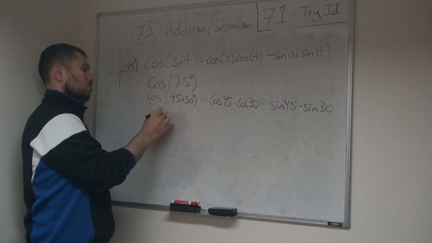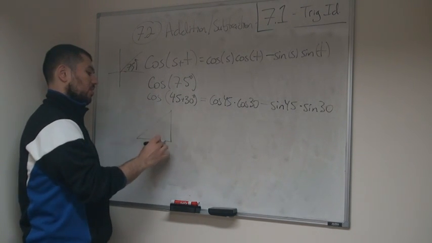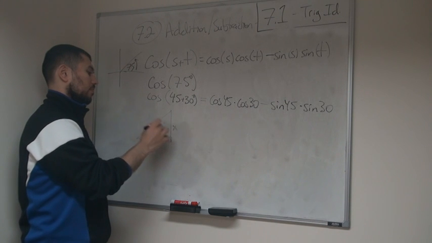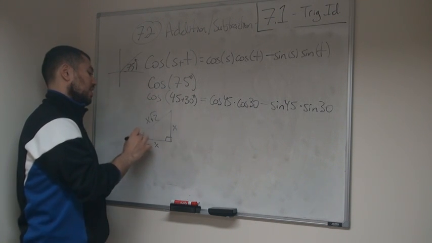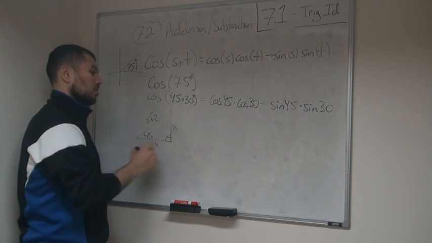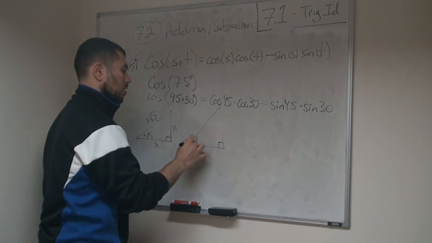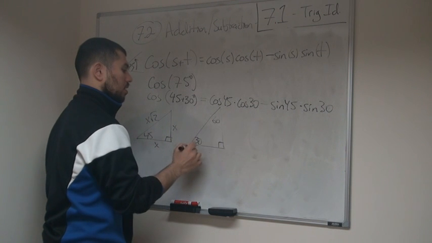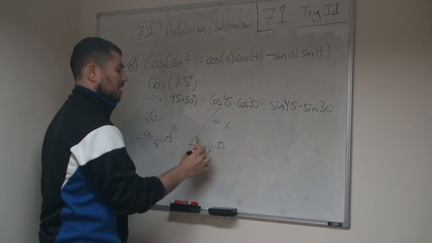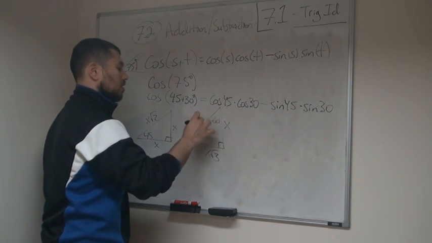Now here you could already draw out your 45-45-90 triangle with the ratios of sides x, x, x root 2, and your 30-60-90 triangle with the ratio of sides x, x root 3, and 2x.